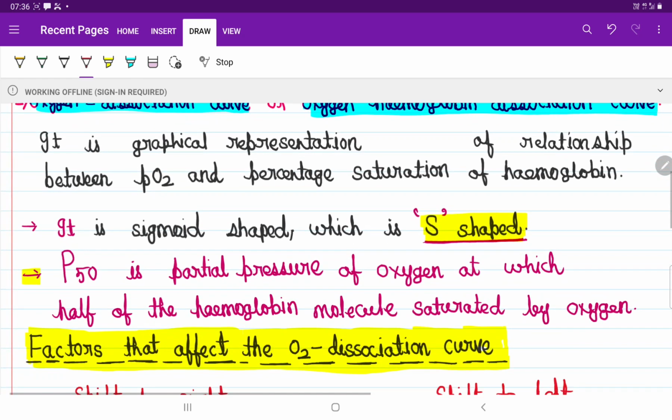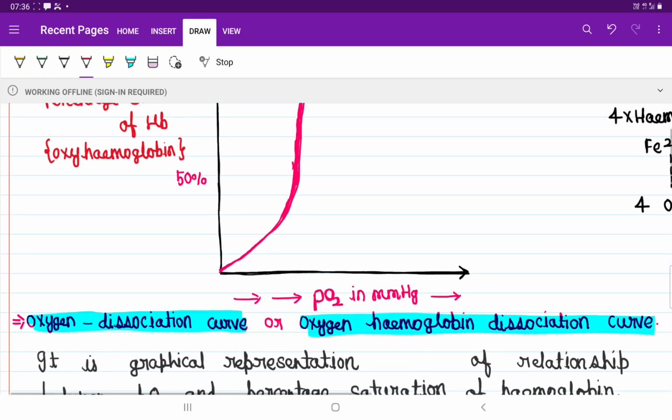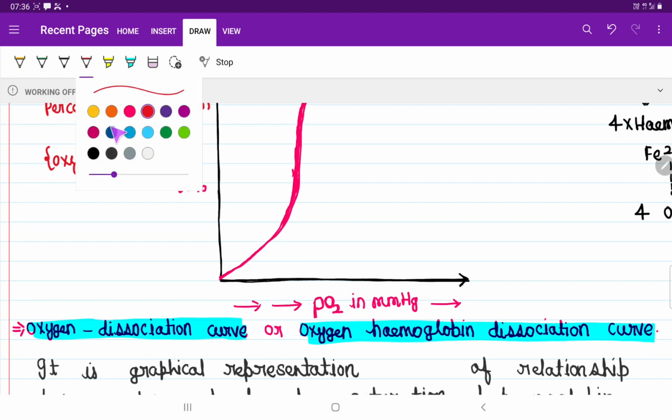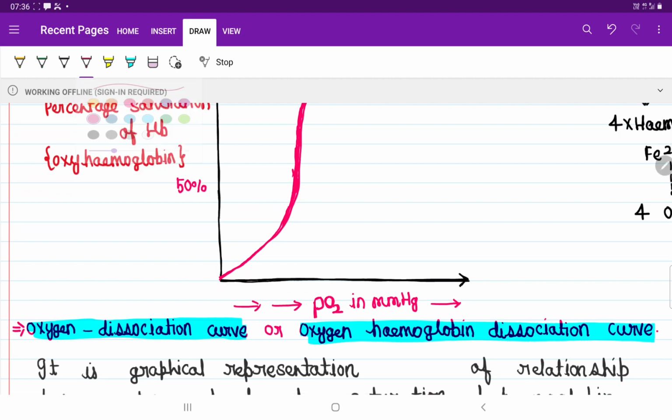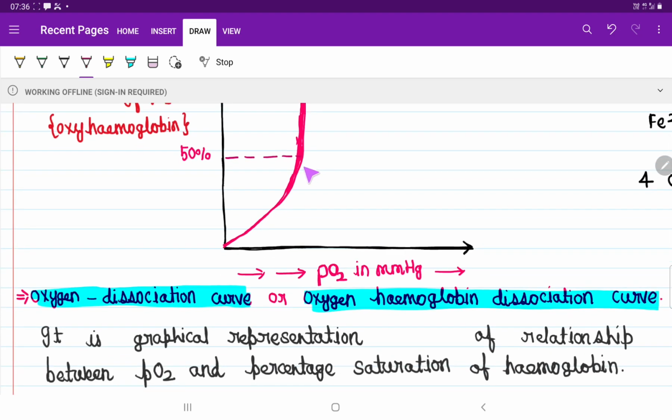In experimental study, they observed that approximately at 25 to 30 mmHg, a value between 25 and 30 mmHg, you can take it as 26, half of the hemoglobin molecules are saturated with oxygen.